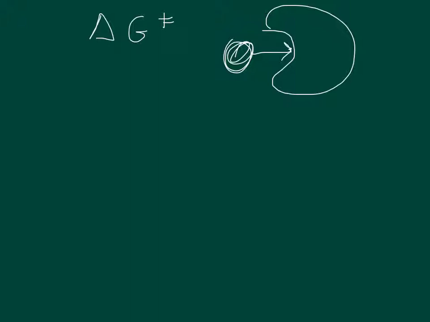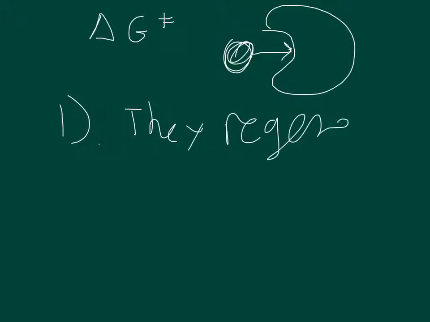There are two principles we have to keep in mind when we're talking about a catalyst, and enzymes are biological catalysts. The first one is that they are regenerated. They're not used up, and they can continue to power more reactions.